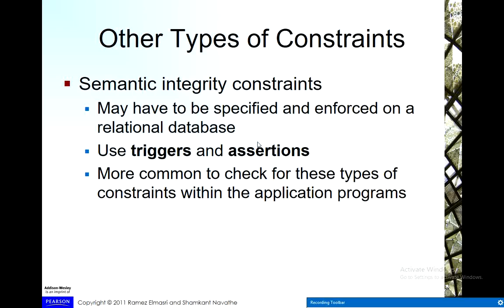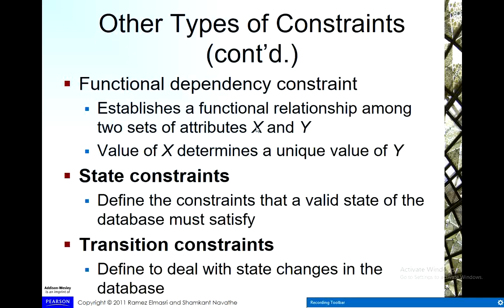during the database processing. And also there are constraints like functional dependency constraints, in which one attribute depends on another attribute. Sometimes you will find in the same relation attributes dependent on other attributes. So without the existence of these attributes, this attribute will not be available. This dependency means that, for example, the value of x determines the value of y.